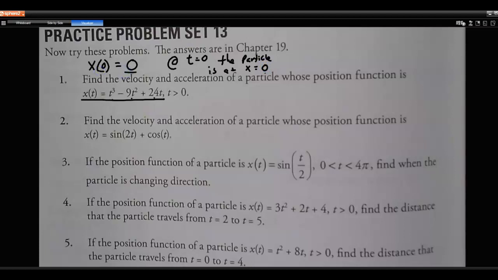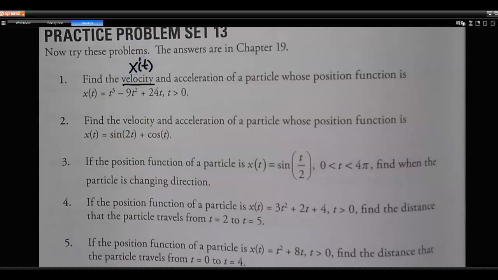Now, if you want to find the particle's position after 5 seconds, you could plug in 5, and it will tell you how far along the particle is at that point. All right? Now, that's not what the problem's asking. I'm just helping you interpret what we're looking at. What the problem is asking us to do is to find the velocity. The velocity is the derivative of the position function.